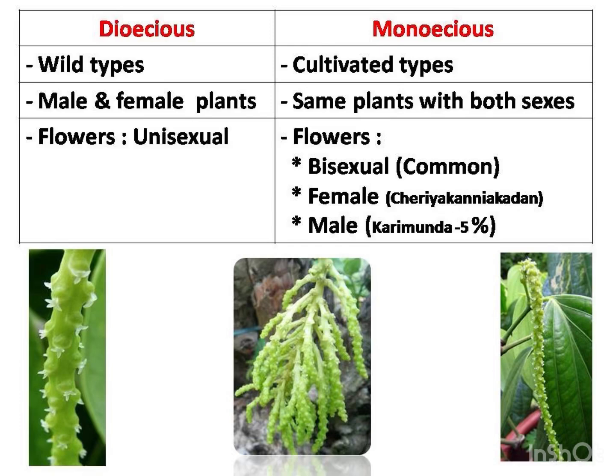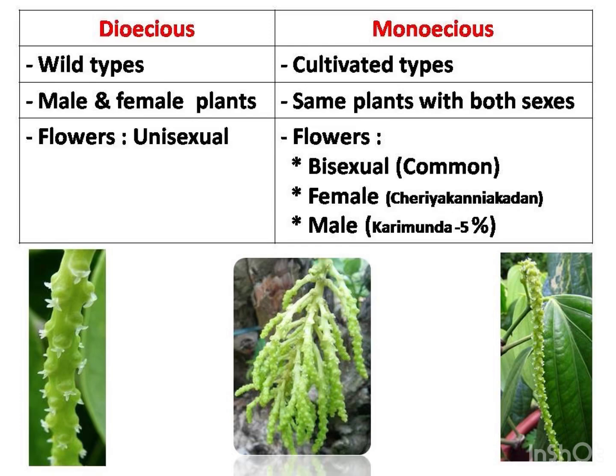The reproductive organs of male are borne on one plant and the reproductive organs of the female are borne on the other plant. And as expected, flowers are unisexual. Whereas in case of cultivated pepper, which is predominantly monoecious, means we can see both the sexes, male and female reproductive organs, on the same plant.